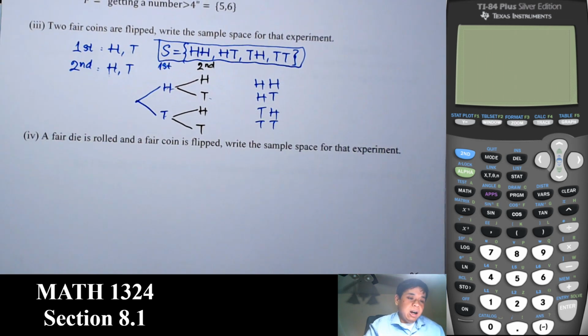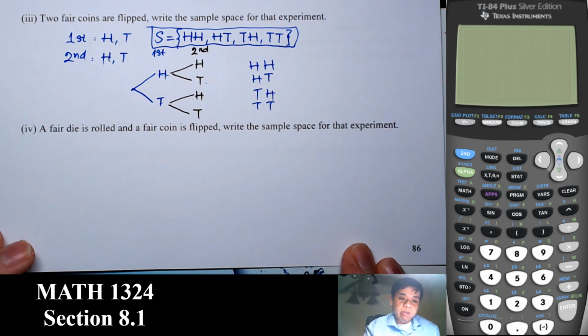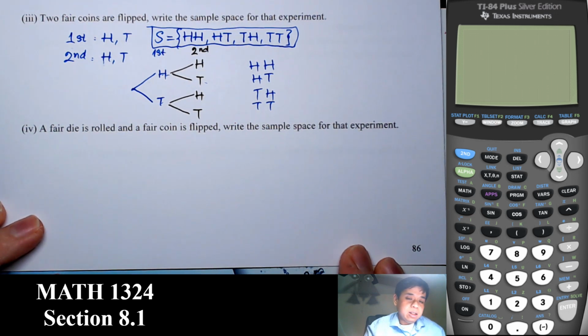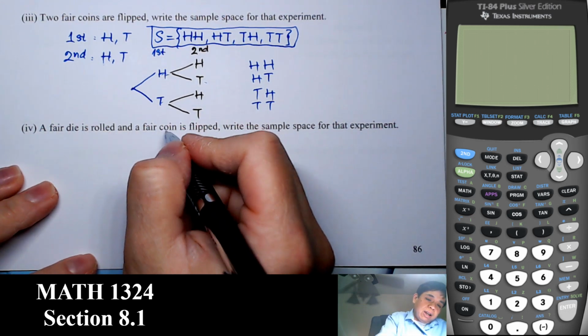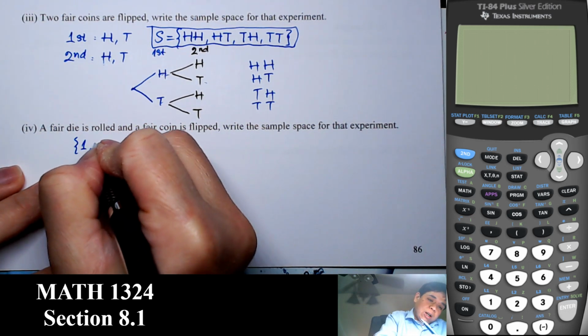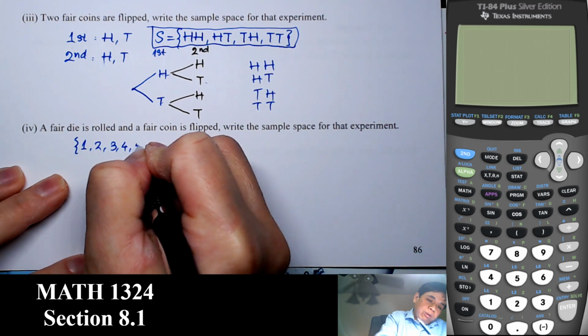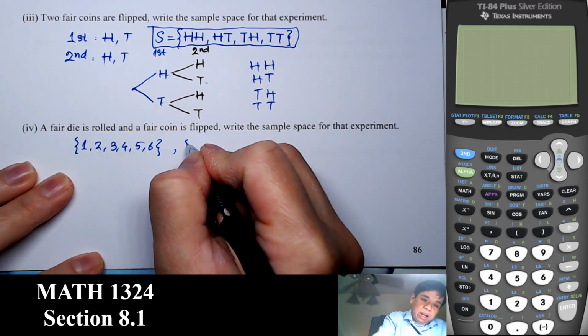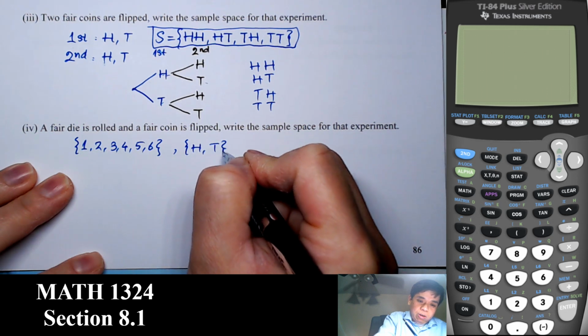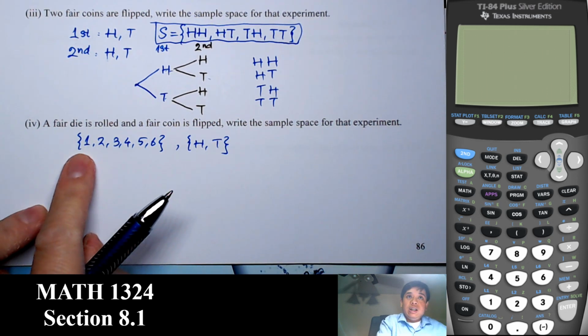Next, a fair die is rolled and a fair coin is flipped. Write down the sample space for that experiment. So a fair die has 6 faces, so we can have 1, 2, 3, 4, 5, or 6, and then a fair coin will have head or tail. So we're going to pick one out of 6 here.